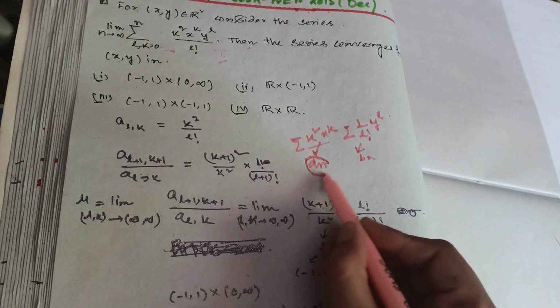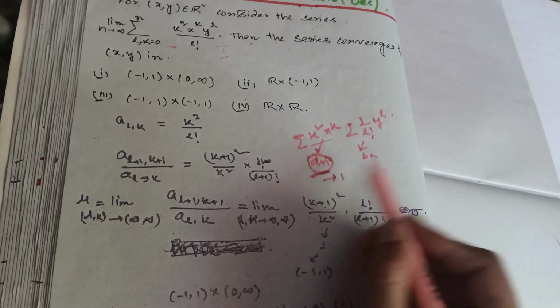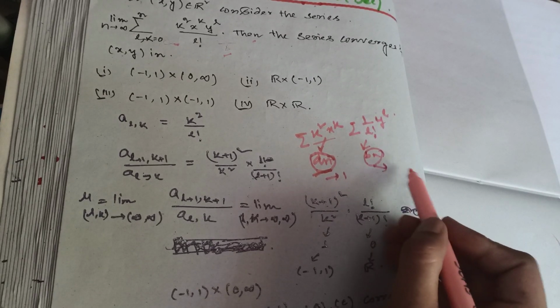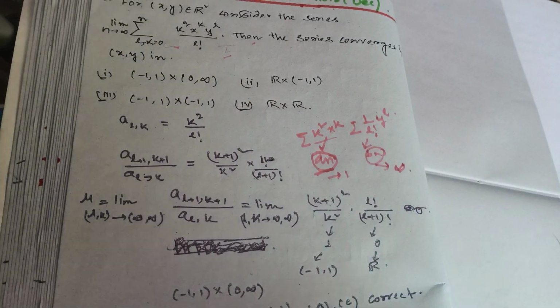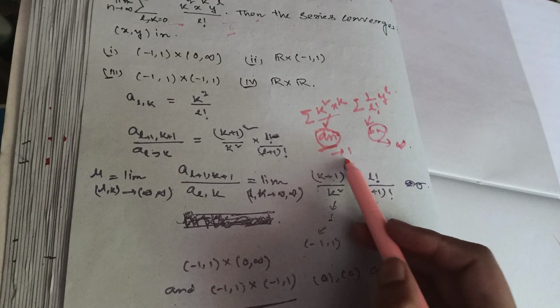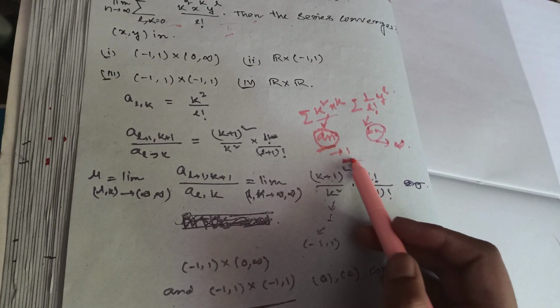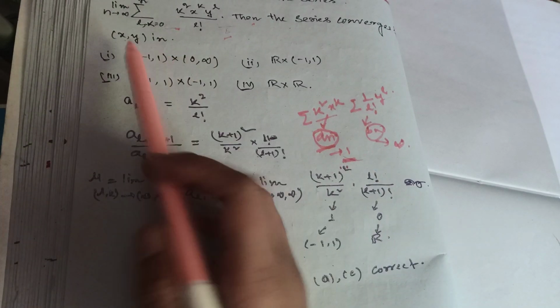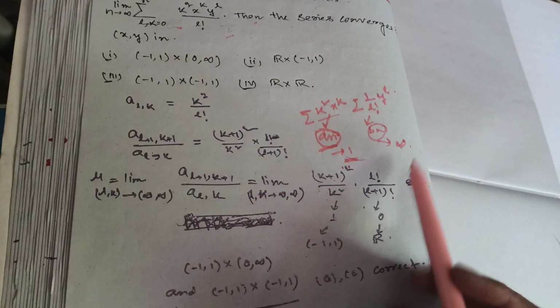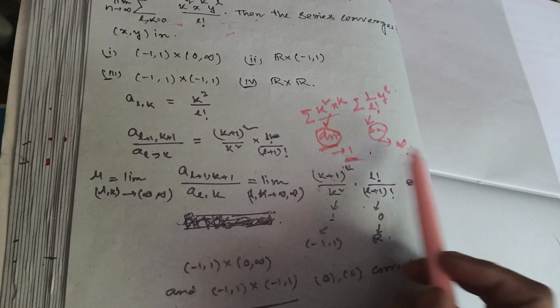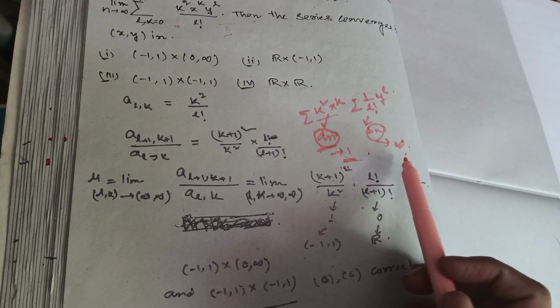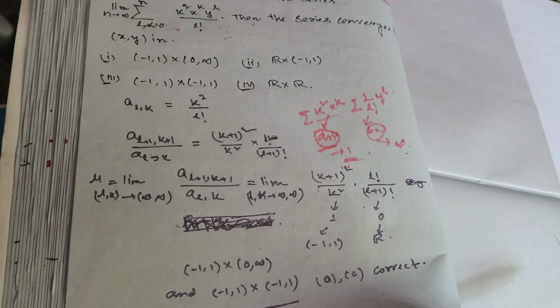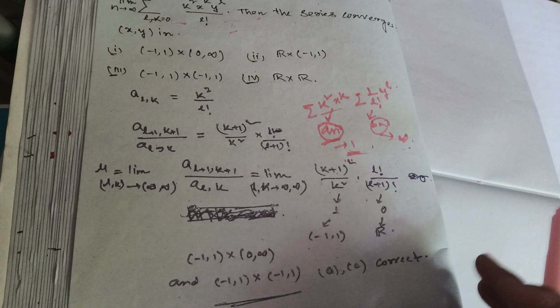Then by ratio test we get this value is 1 and this value is infinity. So the radius of convergence is 1, so the interval of convergence is minus 1 to 1. So x exists in minus 1 to 1, and for the second it is infinity, that means minus infinity to infinity is the interval of convergence.